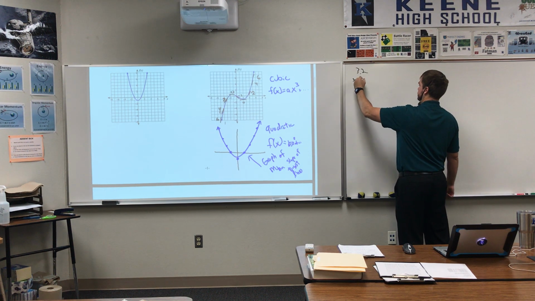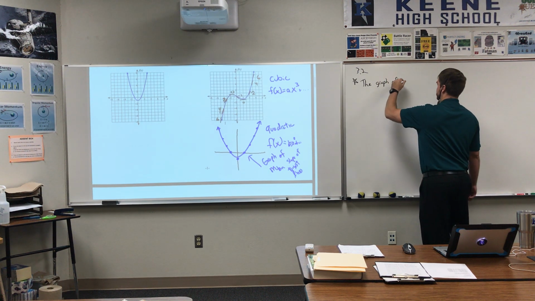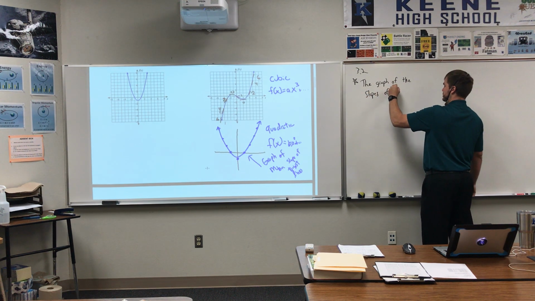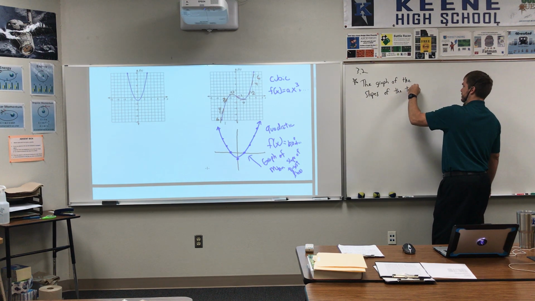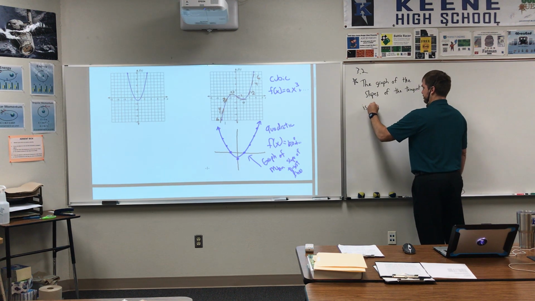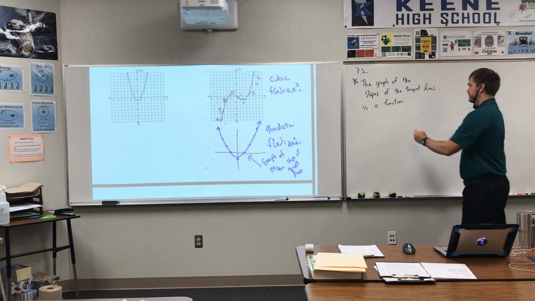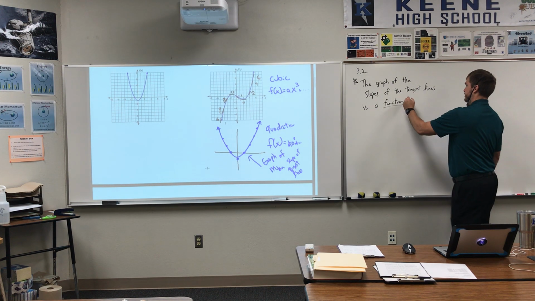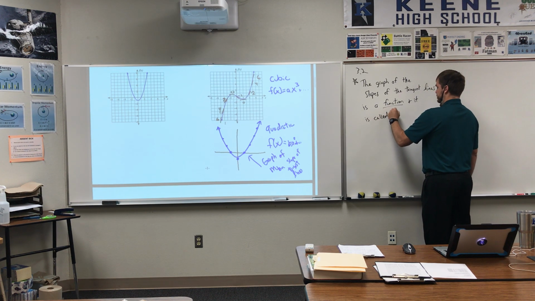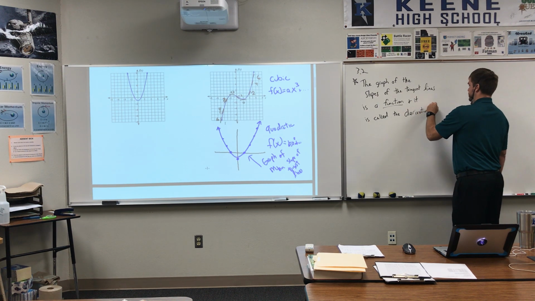This is still 3.2, you could say. The graph of the slopes of the tangent lines is a function. And it is called the derivative.